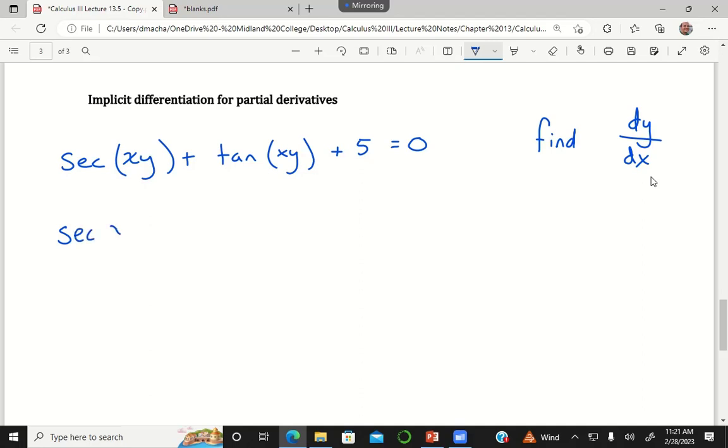So it would be secant xy times tangent xy. And then the chain rule says I need to multiply by y, because we're pretending y is a constant when we take the derivative with respect to x. So again, what I'm doing in this step is taking the derivative with respect to x. And then what about tangent? What is the derivative of tangent?